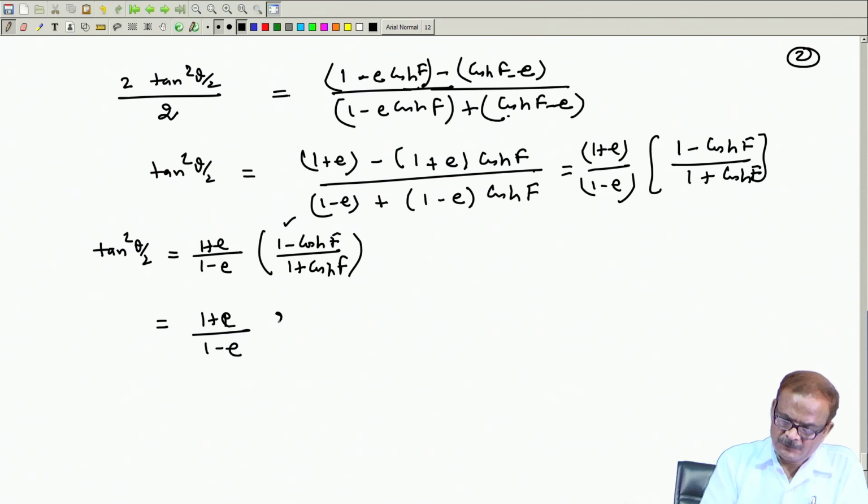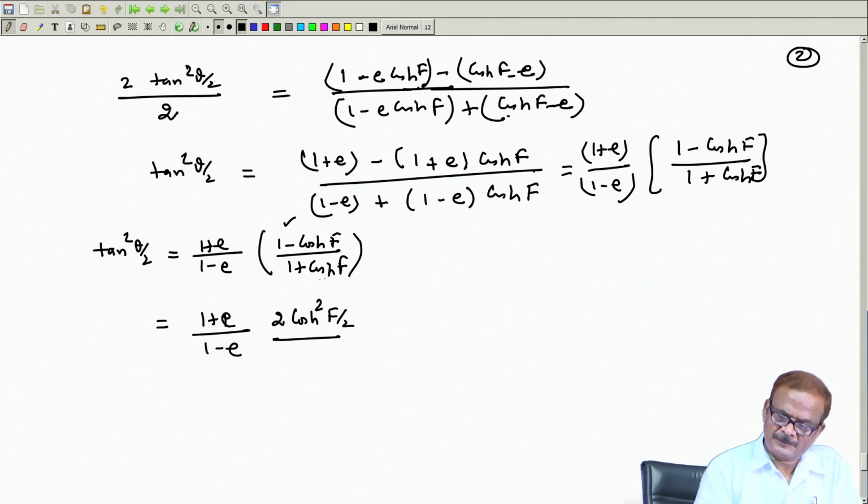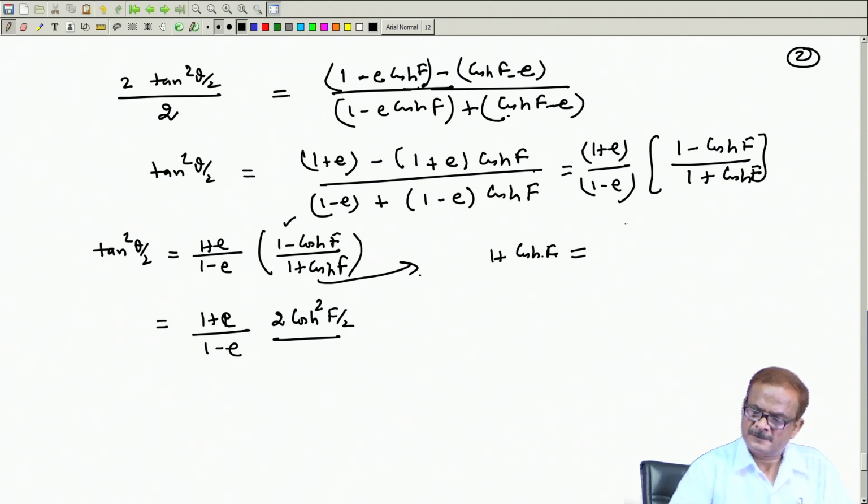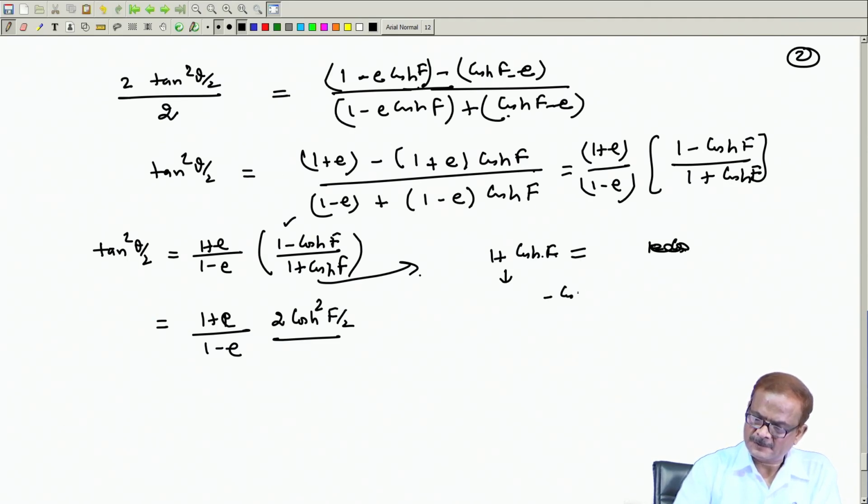This quantity is 2 times cos square hyperbolic f by 2, and similarly this part we can express here 1 plus cos hyperbolic f, this we can rearrange. We can rewrite as minus cos hyperbolic f, and say here we write it as 1 minus cos hyperbolic f.